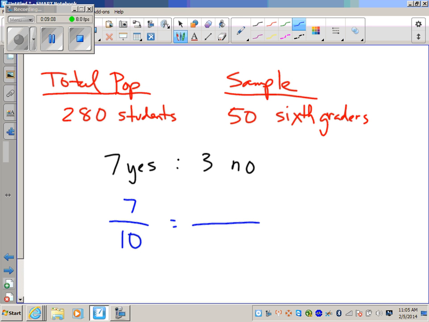And the total population of the school, if the total of 10 goes on the bottom, so does 280. Is there a relationship between 10 and 280? Times what? 28. So what you need to do then is multiply 7 times 28 and answer the question. Go ahead.